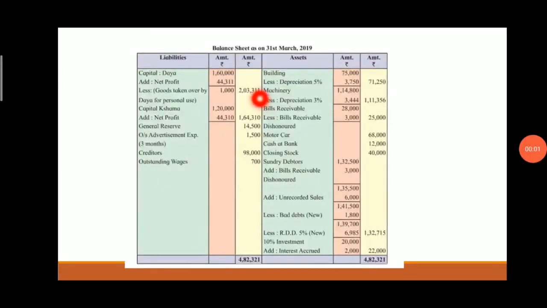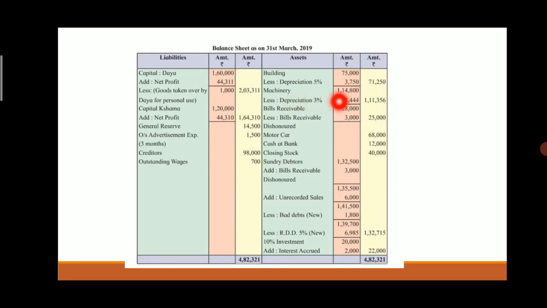Now children, this is the balance sheet, asset side, because buildings and machineries are our assets. For building, we write 75,000, the actual price of the building at the beginning of the year, and now we minus the depreciation on building, 3,750. So the price of the building we get is 71,250 for the next financial year. The same we do with the machineries.